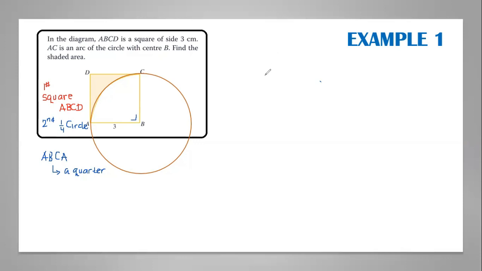So it will satisfy the requirements of a square ABCD, meaning every single corner of the square ABCD has 90 degrees. Very easy, right? Okay, students, we go to the next step. You're going to solve this question.